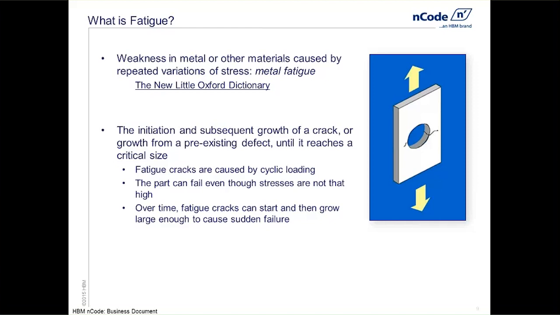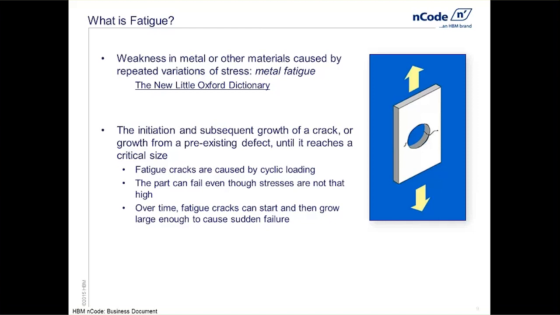If we look up the definition in slightly more technical text, perhaps a textbook or something, we might see a definition like the second bullet point here, where it says the initiation and subsequent growth of a crack or growth from a pre-existing defect until it reaches a critical size. So again, the key here is that fatigue cracks are caused by cyclic loading. Okay, we need those stress cycles in order to drive fatigue as a failure mechanism.